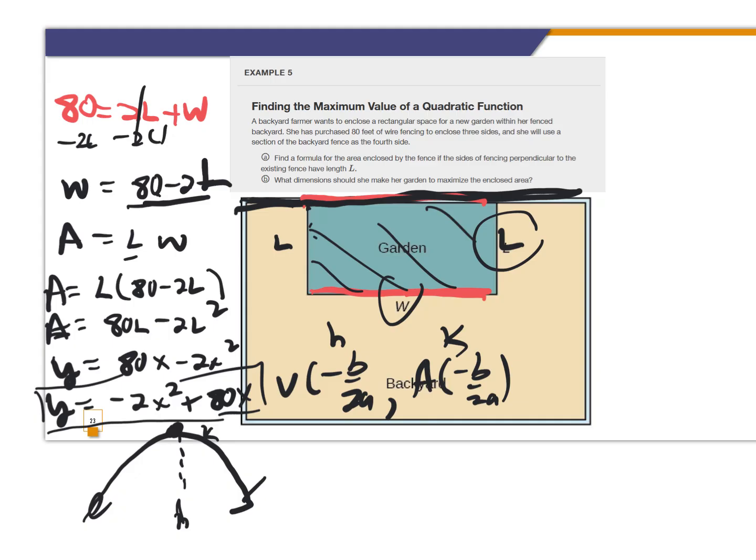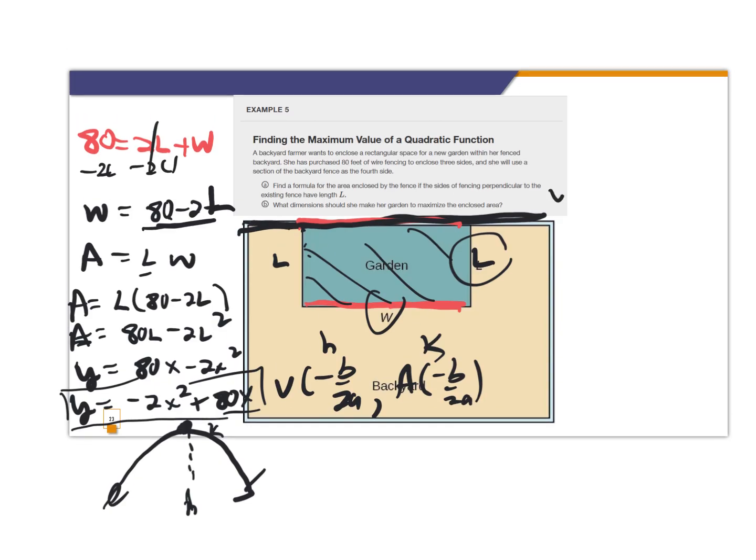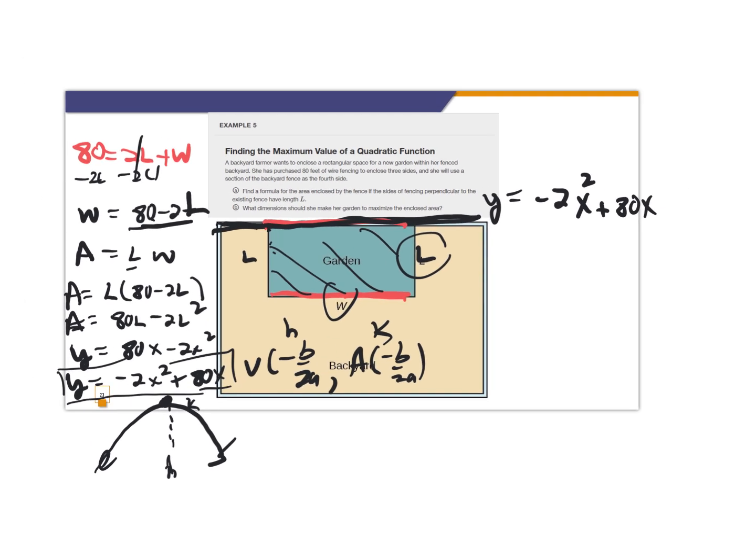Let me rewrite this again in terms of y and x because that might not be as confusing. y is negative 2L squared, which I'm calling x for you, and then it's plus 80L, I'm calling it 80x. Notice that's your parabola.